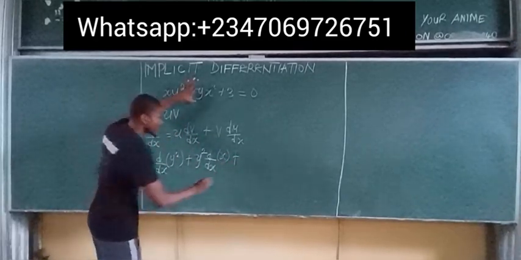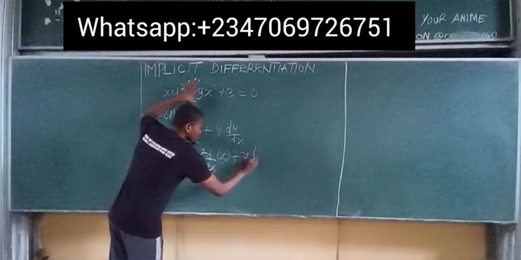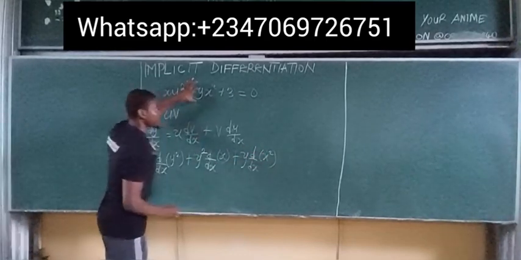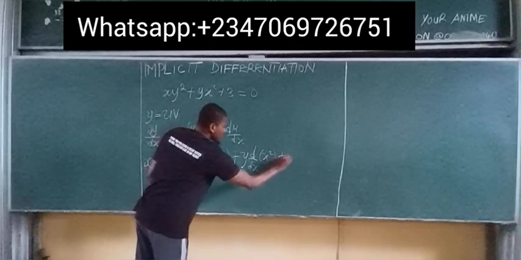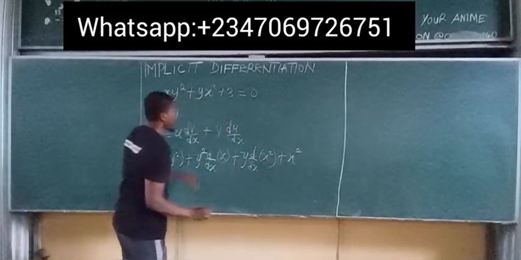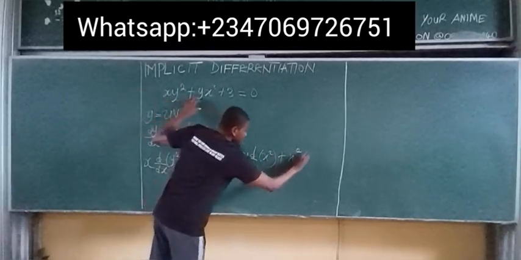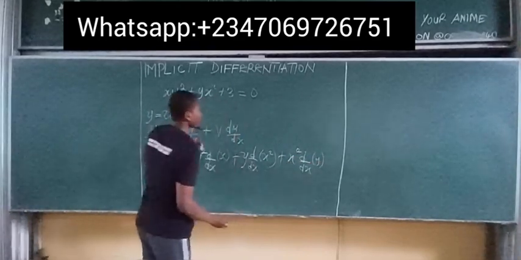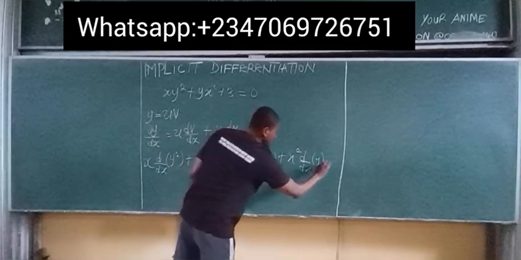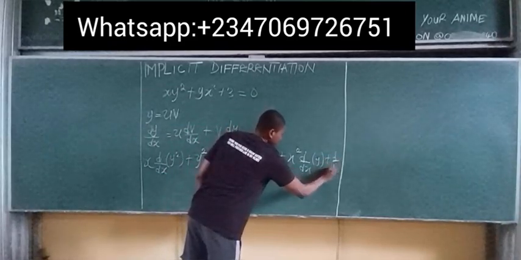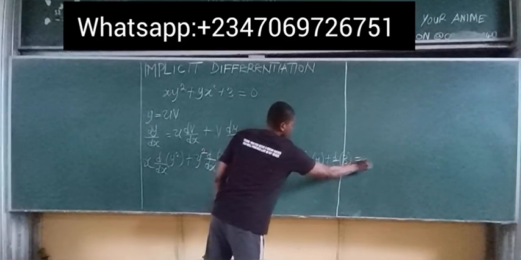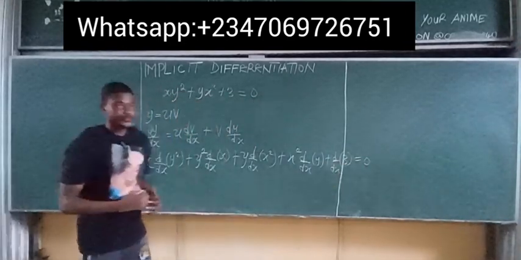I will keep y constant and differentiate x squared with respect to x, plus, now I will keep x squared and then I will differentiate y with respect to x. So I will simply have d dx of y, then I will differentiate the constant, plus d dx of the constant 3, and the whole of this is equal to 0.